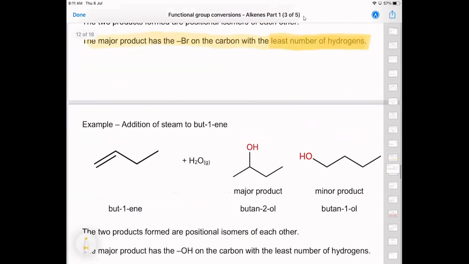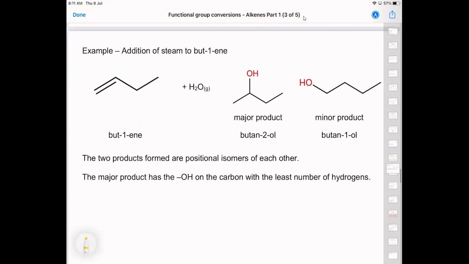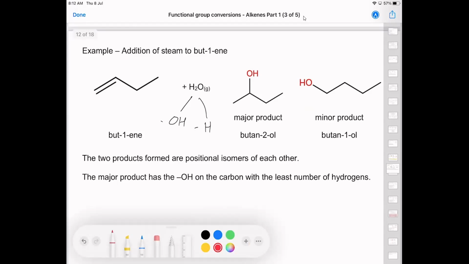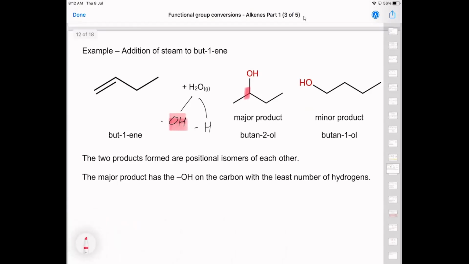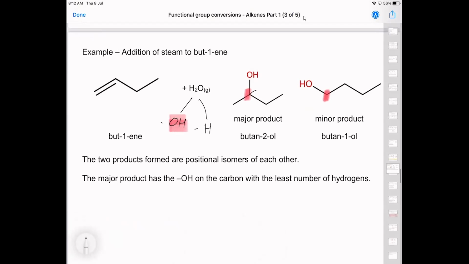Cool. Let's look at an example: addition of steam to but-1-ene. Remember that when we add steam, we're simultaneously adding an OH and an H. If you follow the oxygen around, the oxygen can either go onto that carbon or onto that carbon. Since I've drawn it as a skeletal formula, you have to remember that there are implied hydrogens. There's one hydrogen here and two hydrogens over here.